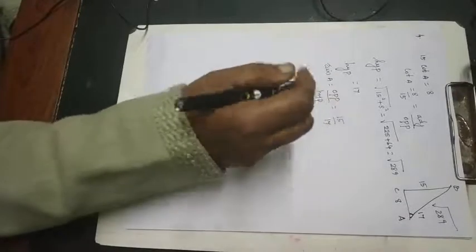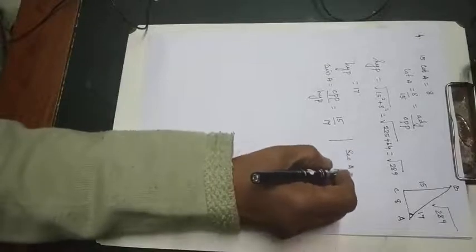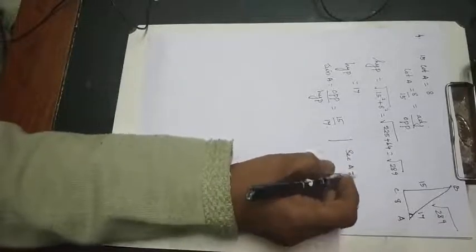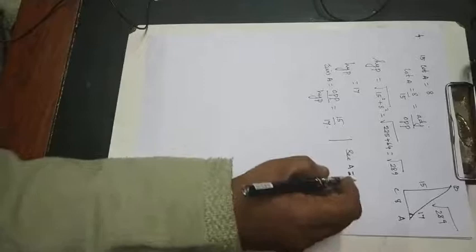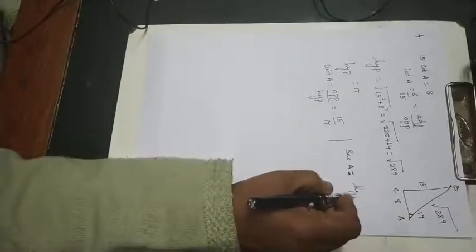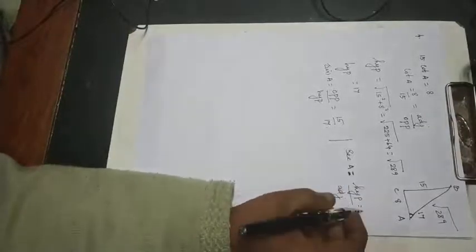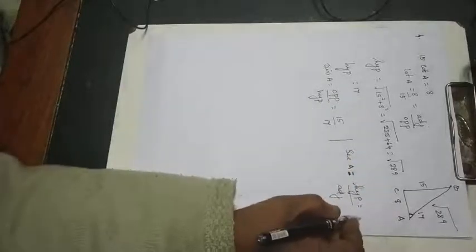Now cosec A. What is cosec A? Cosec A will be hypotenuse by opposite side. What is hypotenuse? 17. Opposite side was 15. So you got that too.